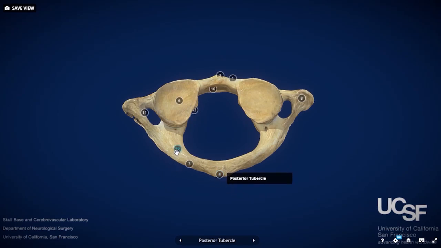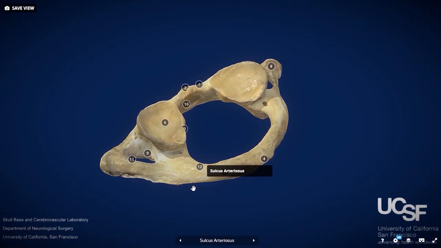Laterally, we're going to have two grooves, which are also called sulcus arteriosus. These two grooves serve as a place where the third segment of the vertebral artery is going to be resting.